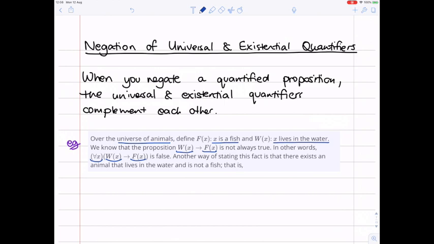Another way to think about this is, there must be some animal that lives in the water and is not a fish. So if we want to say this is not true, it's not the case that for every x, living in the water means you're a fish, is the same as saying that there exists an animal who lives in the water and is not a fish.